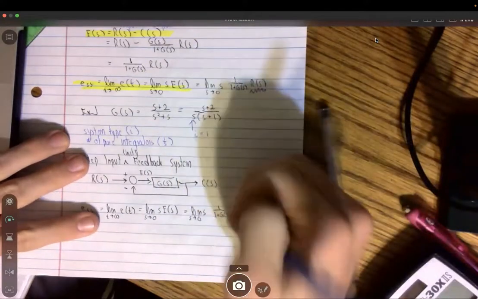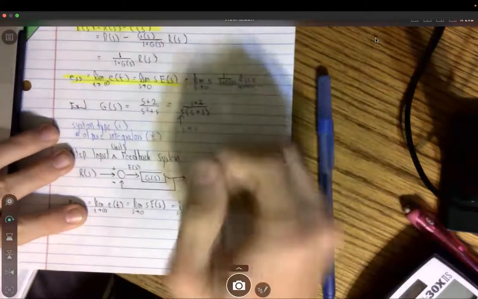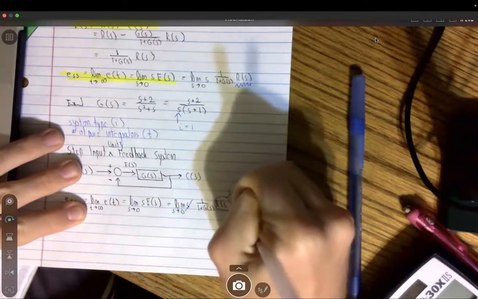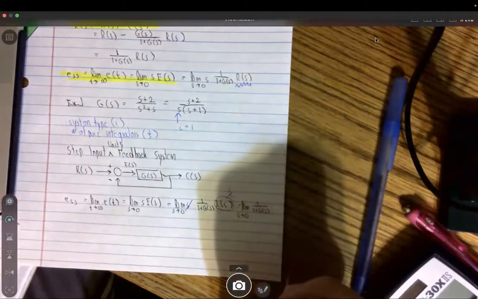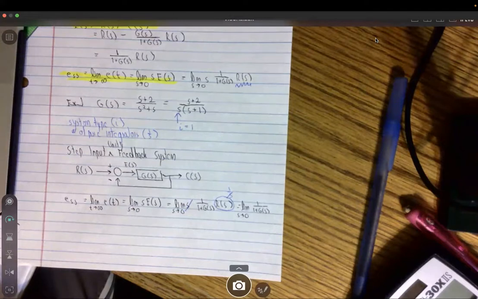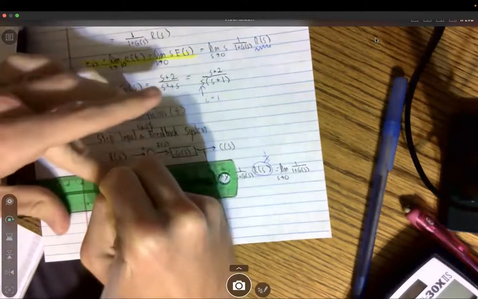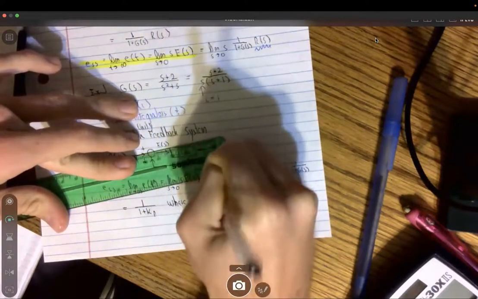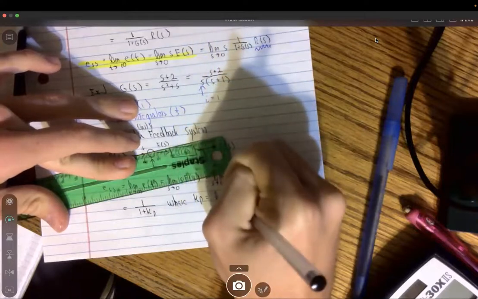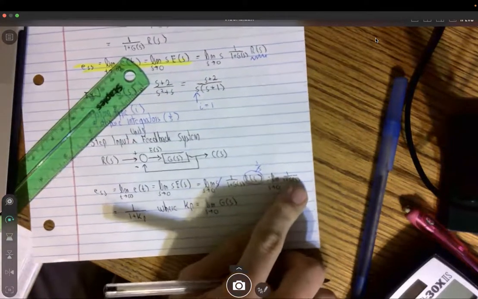So this is actually 1 over S. And so the S will cancel the 1 over S. And so you're going to be left with the limit as S goes to 0 of 1 over 1 plus G of S. And so what you're going to notice is we're going to be left with 1 over 1 plus KP, where KP is going to equal the limit as S goes to 0 of G of S. Because as S goes to 0, that's where a limit condition will be in.